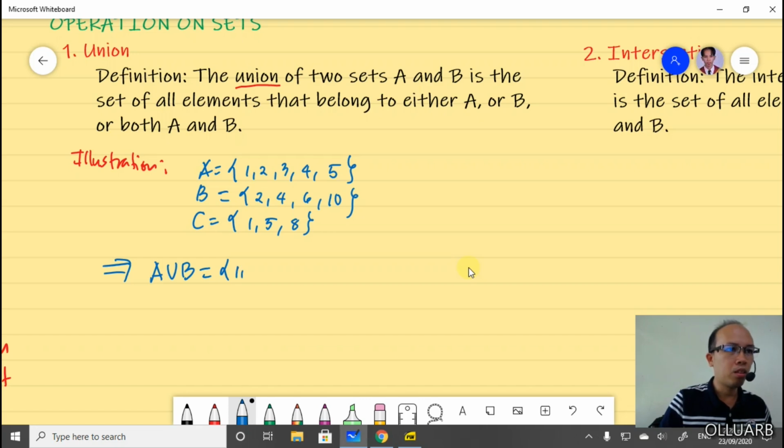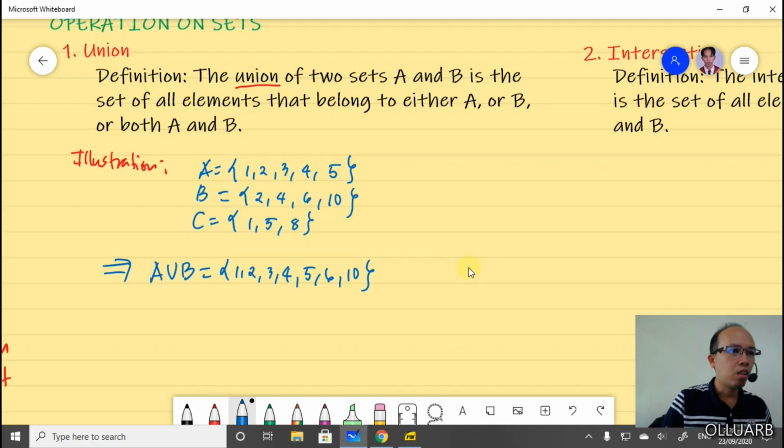So 1, 2, 3, 4, 5, 6, and 10. Since 2 is repeated and 4 is repeated, just put only one element of each in this set.